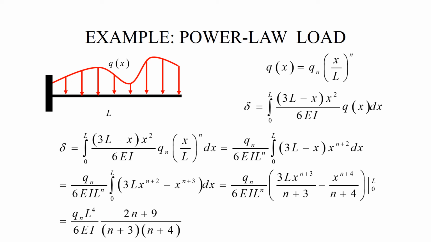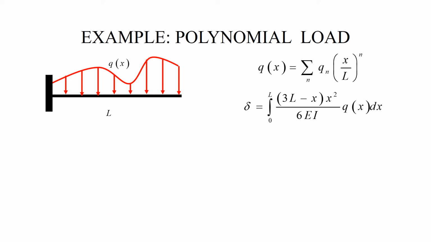Now we can use superposition once again. Now I would like to look at a much more general load. It's a polynomial load which represents literally any smooth function. If I choose this load, then I have n elementary power law loads.